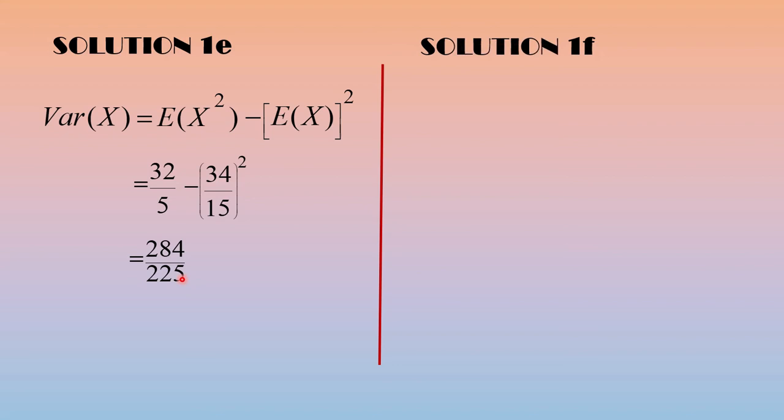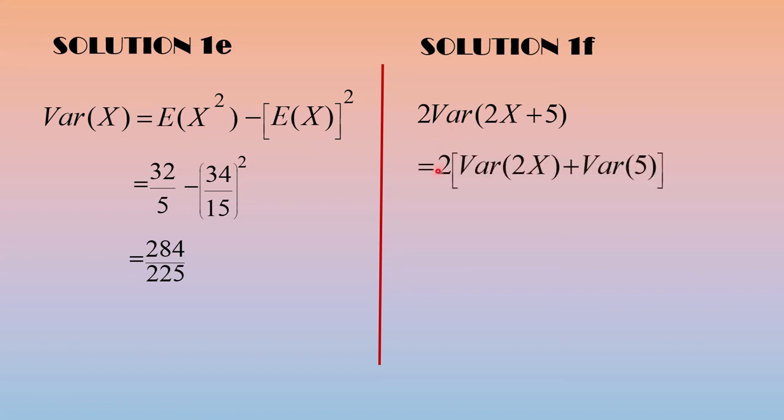And now the solution for 1f. What is the variance of 2x plus 5? Therefore, we have the variance of 2x plus the variance of 5.